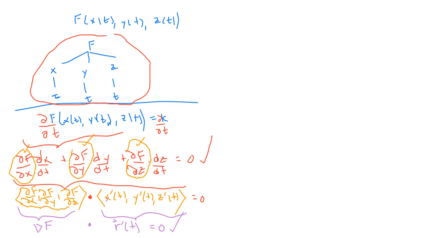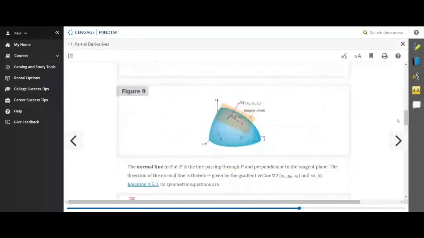So I derived that result completely here for you. Let's go back to the ebook. It's all in the recording, of course. Here's the picture that supports this. We have a level surface, and there's a point on the level surface.